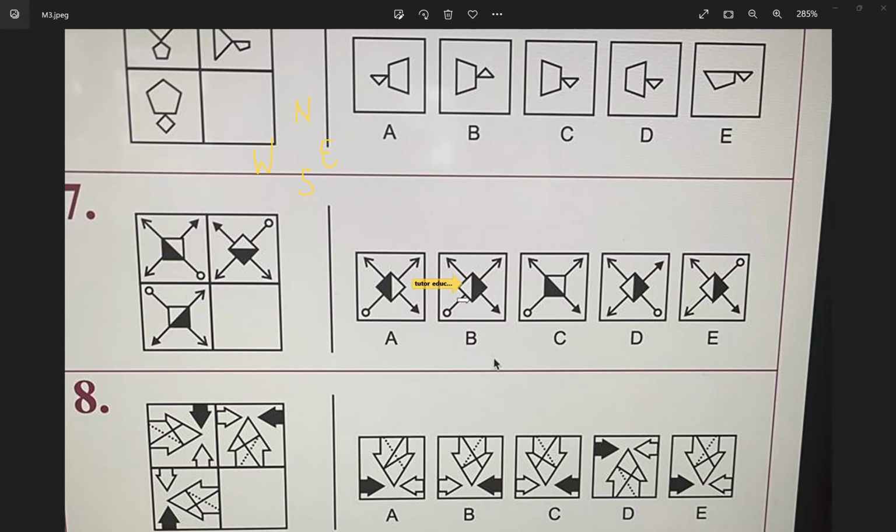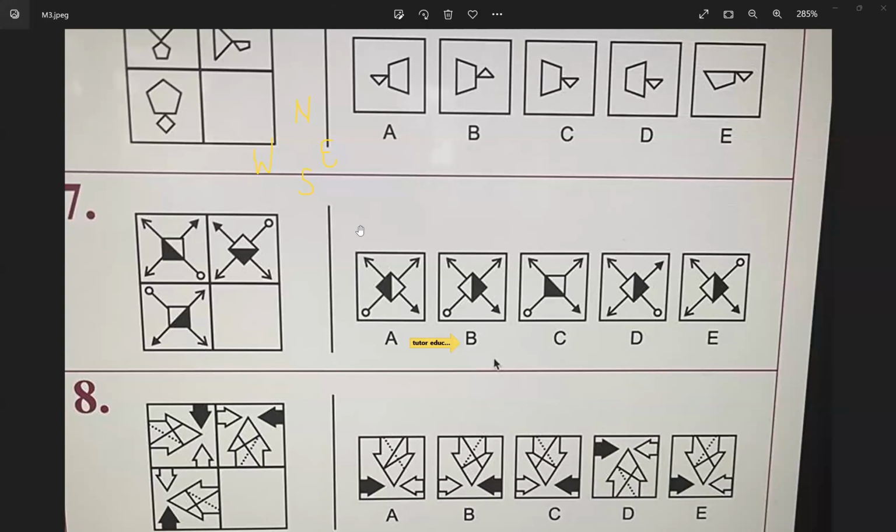And if you see these lines coming from the edges, we can see that they are moving 90 degrees anti-clockwise. That means this circle is going to be here, and here we are going to have this arrow. So which one do you think is right? B. Exactly. So option B is the right one.